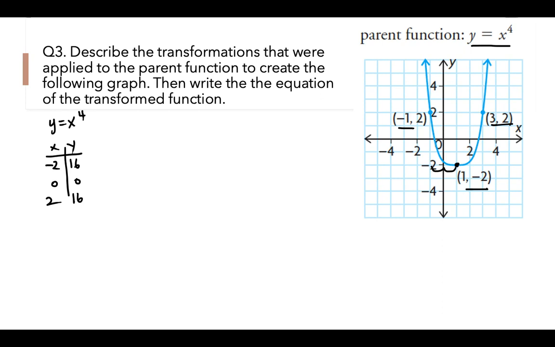And now the transformed function, which we're going to find out. We know that when we're looking for a transformed function from a graph, there's a, b, c, and d. But we always ignore b. Okay, we're only looking for a, c, or d because b could be interchanged with a.